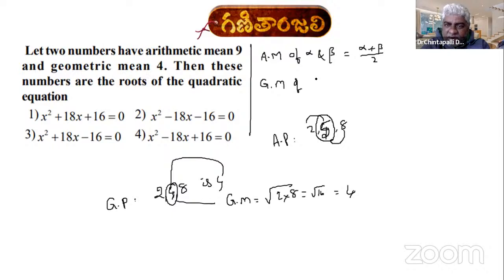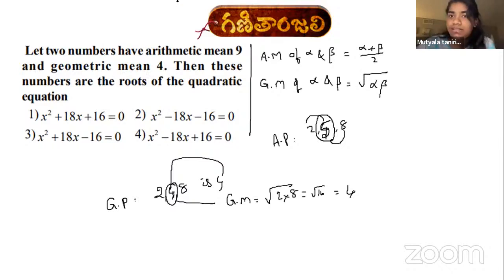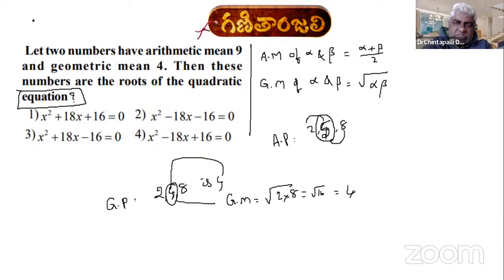See, GM of alpha and beta is the square root of alpha beta. Got it? Yes, sir. You remember previously we derived one formula to find the equation. Roots of a quadratic equation. Here, what is asked? A quadratic equation is asked. Recently, we found one equation to find it.